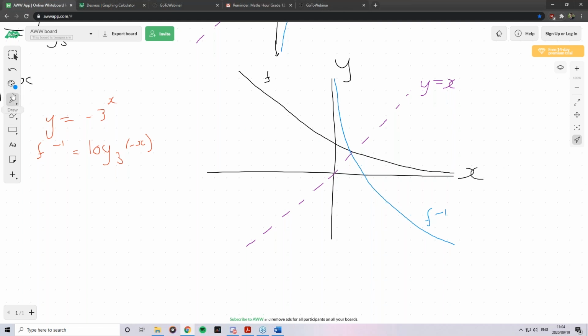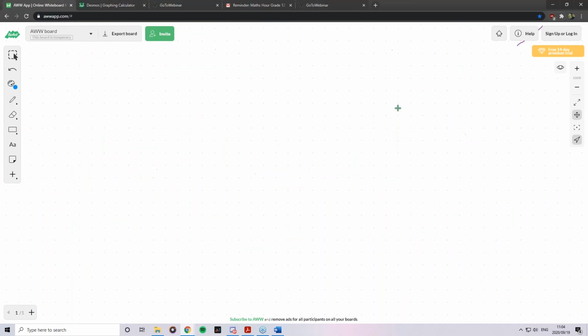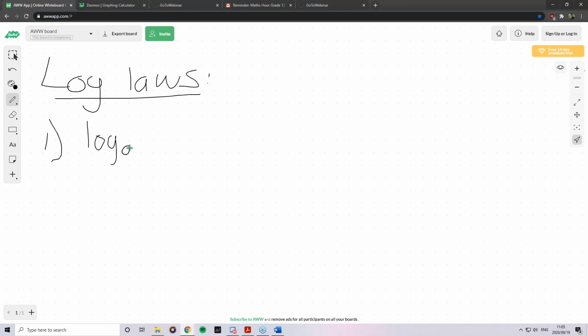Now that we've got the basic understanding of log rules and how they link with exponential graphs, I just want to give you some log laws that could be helpful. Log laws. Here's our first log law. I have log base a of x plus log base a of y.